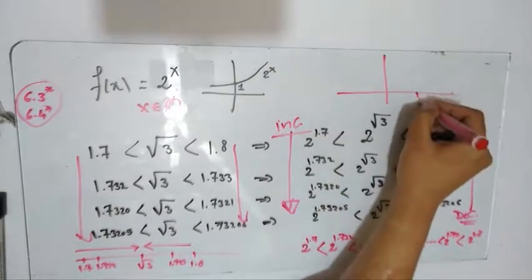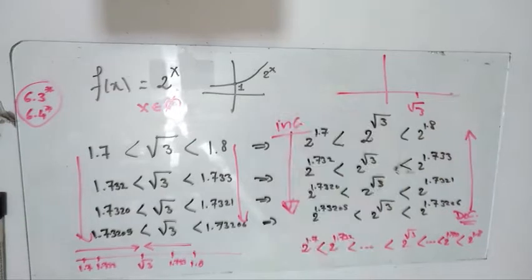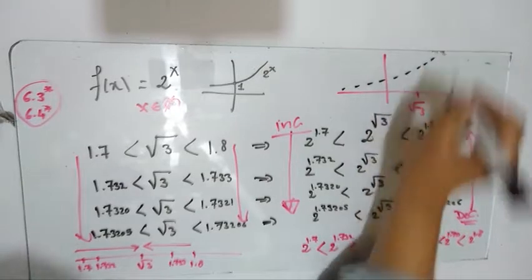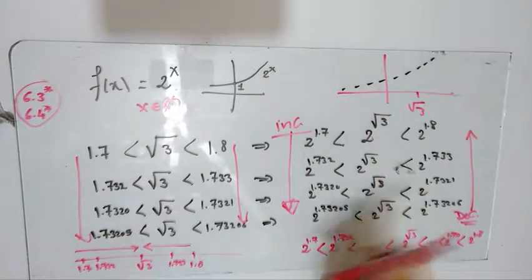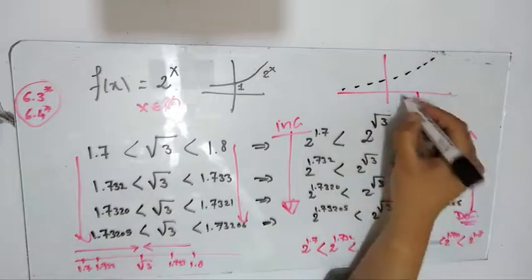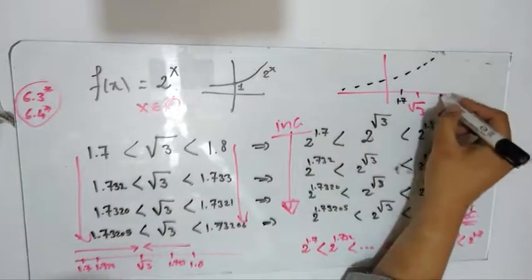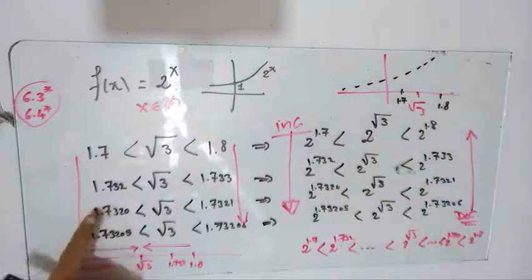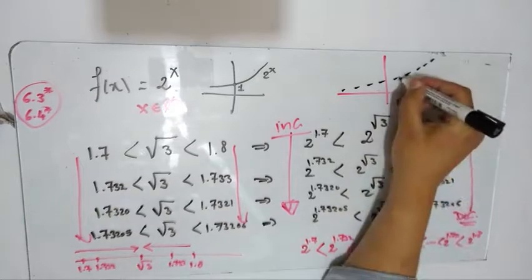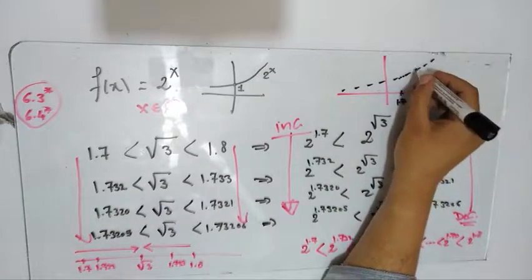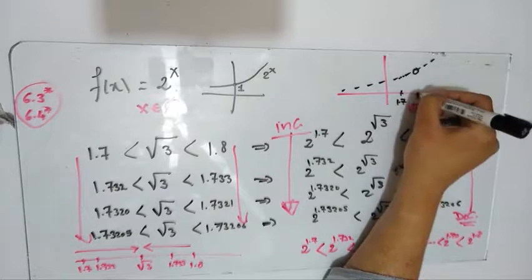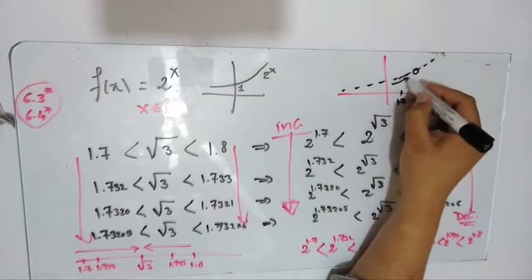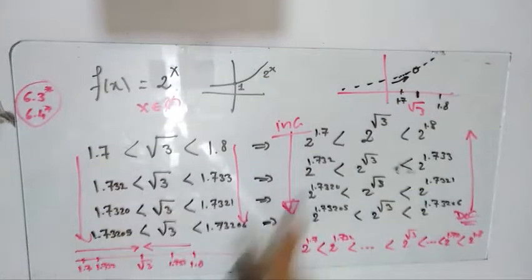So this is square root of 3, and we have these values here. If you consider this is 1.7 and this is 1.8, the values for 1.7 and 1.732 come in this way and move up to this point, which we don't know how to define yet.